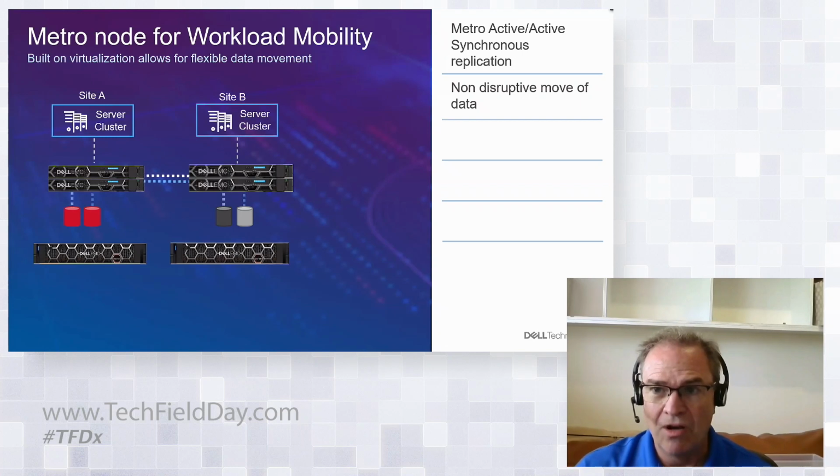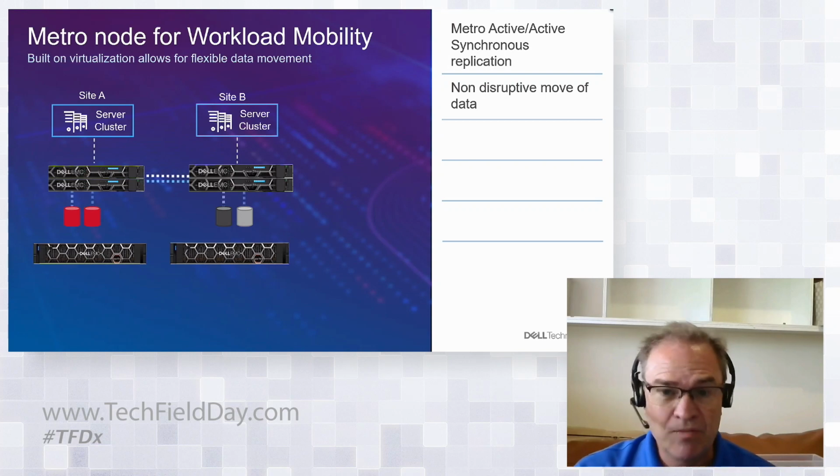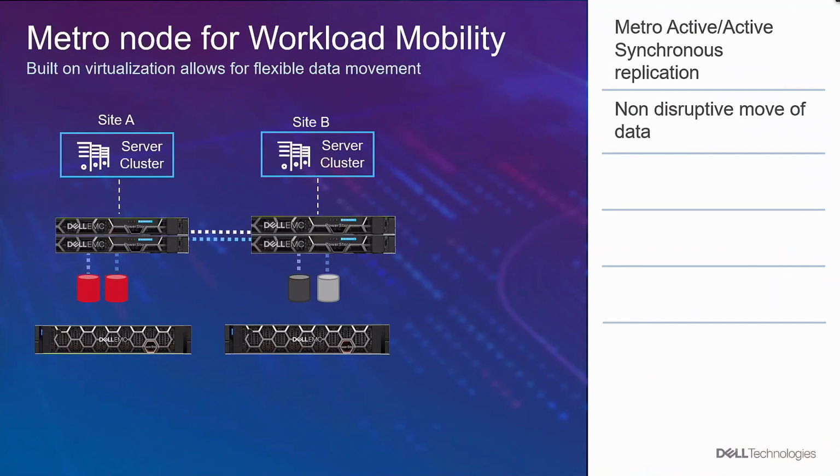So I'm going to try to show, using the core infrastructure, how workload mobility fits into this model. It is built on this whole concept of active-active synchronous replication. I'm showing site-to-site here. That can also occur within a single location. So you could have multiple arrays, and they're getting the same kind of concept of synchronous replication.